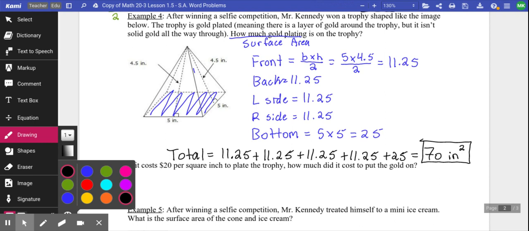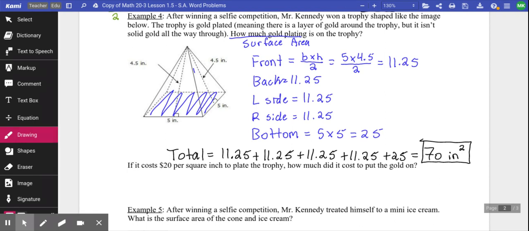All right, the next question says, if it costs $20 per square inch to plate the trophy, how much did it cost to put the gold on? Yeah, Jordan. How'd you get that? Yeah, so if it's $20 per square inch, per means for every.